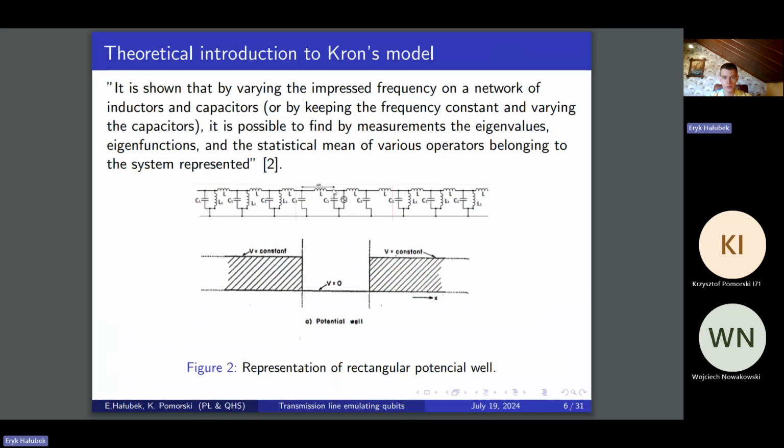So at each node, the sine wave will have a different amplitude on the oscilloscope screen if we wanted to measure it. And here, where we have the potential well, the value of this voltage would be the highest.